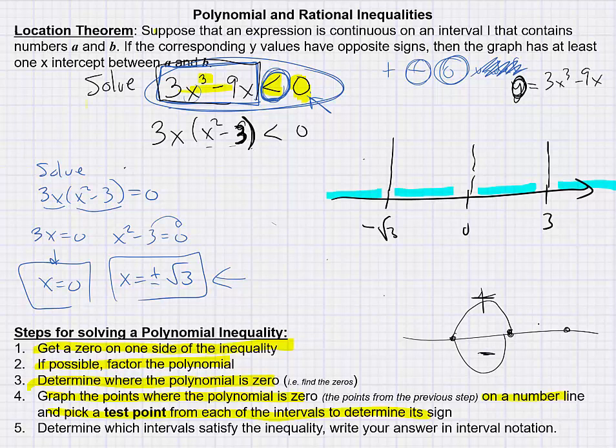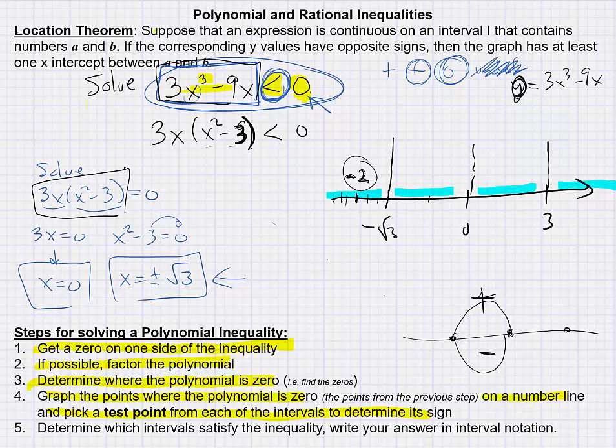So now, if I take some number in this interval right here, so this is negative root 3, so let's say negative 2 is inside there. If I take that number and evaluate this expression at that number, meaning plug that in for x, and I get a positive, then every single number in this interval will give me a positive.